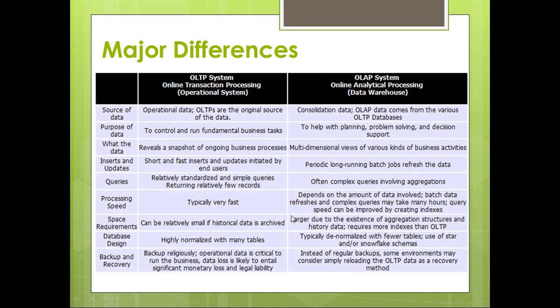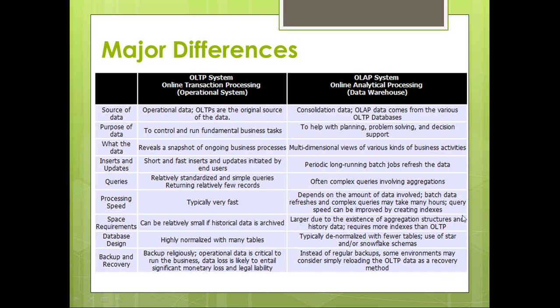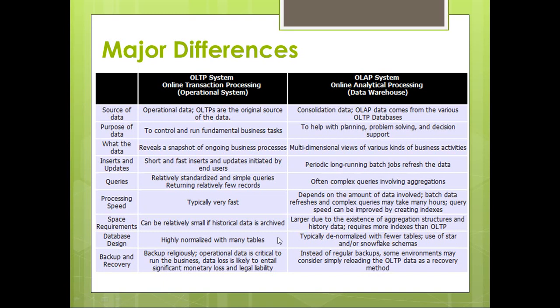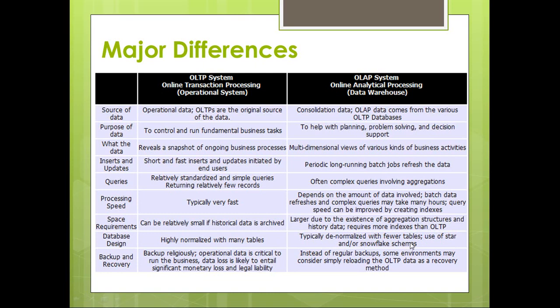However, OLAPs, since they contain archived data and aggregations and historical data, tend to be massively large and need more indexes than OLTP. OLTPs are normalized, while the OLAPs are denormalized and have fewer tables than an OLTP.